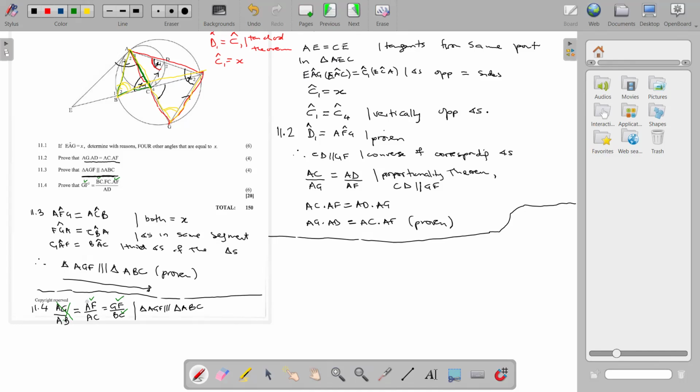Let us make the one which is not in our formula the subject of the formula. So we are going to cross multiply.